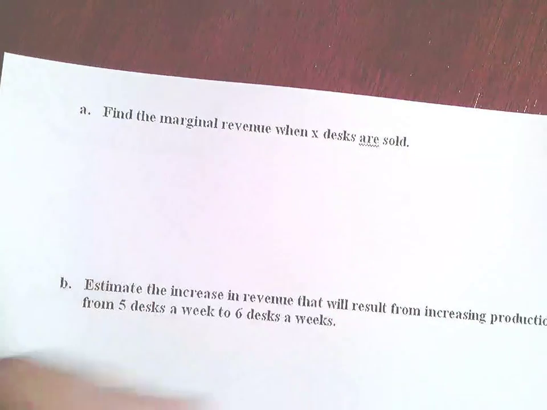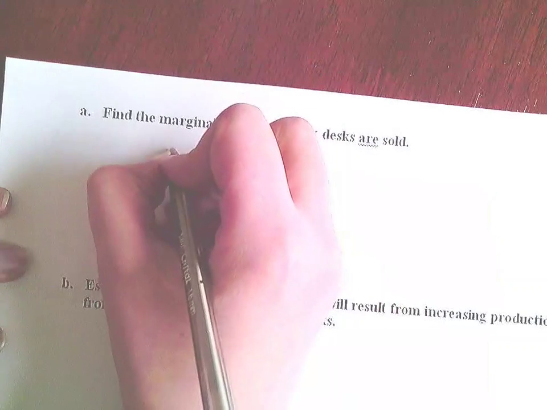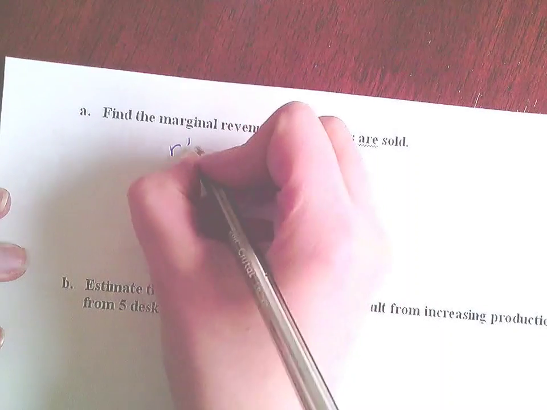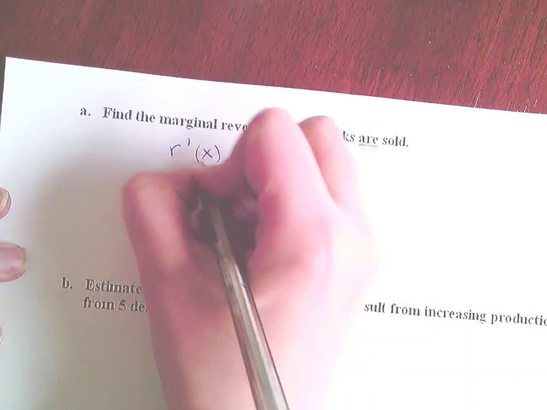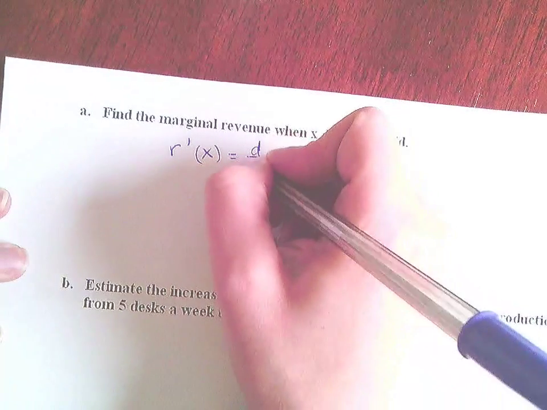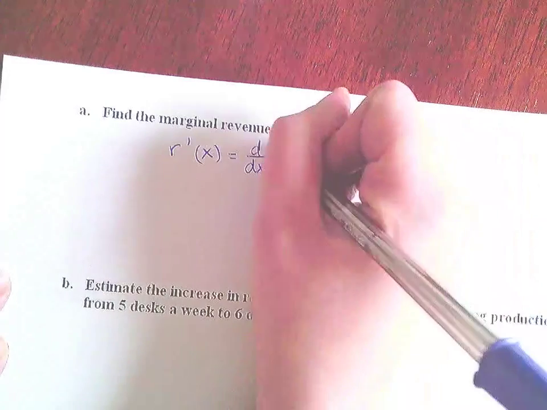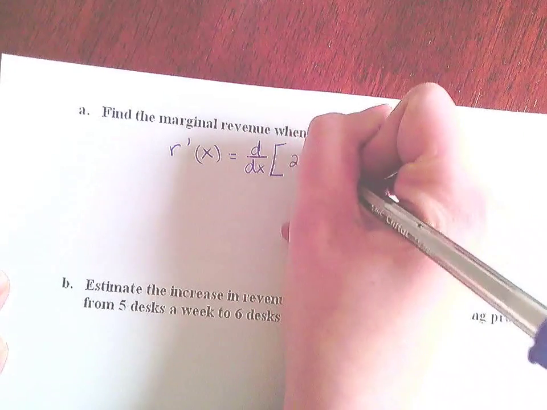So we want to find the marginal revenue when x desks are sold. Basically, all that means is we want to find R prime of x. So we want to find d dx of this guy.